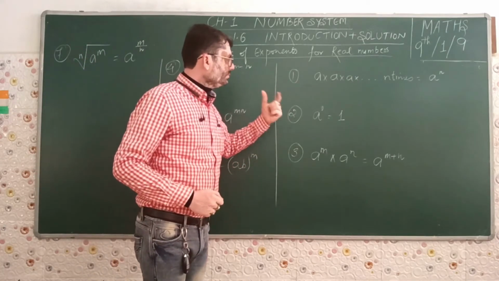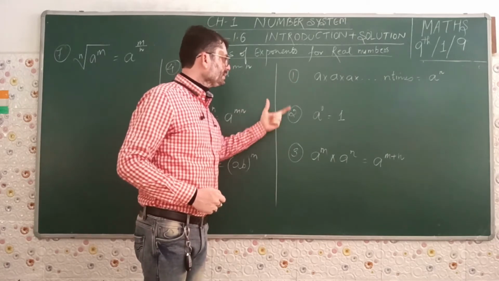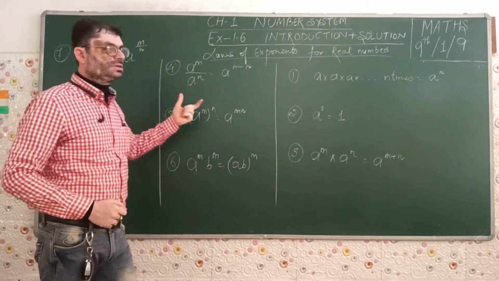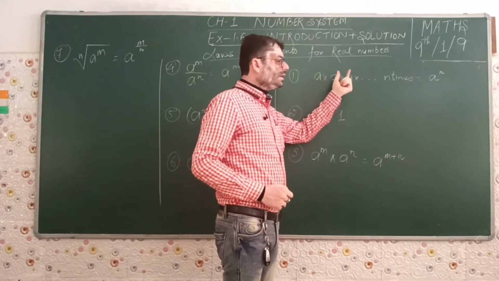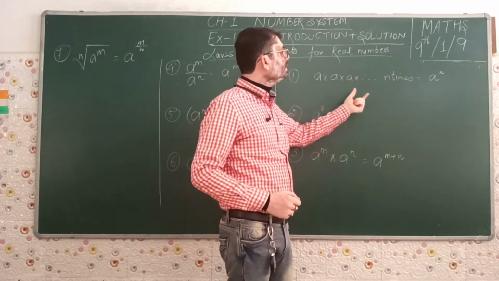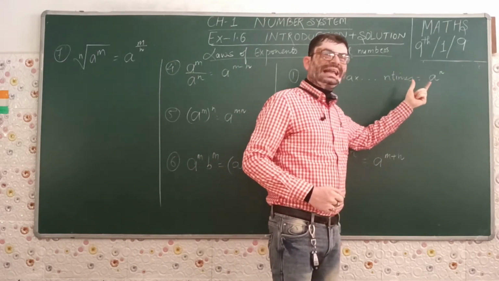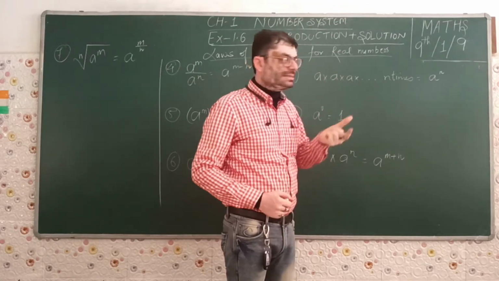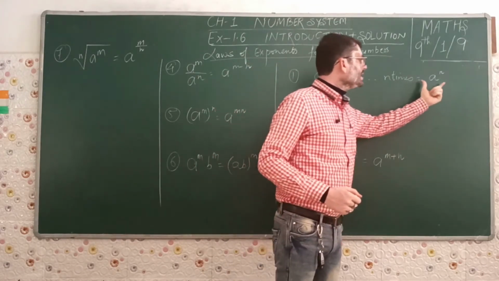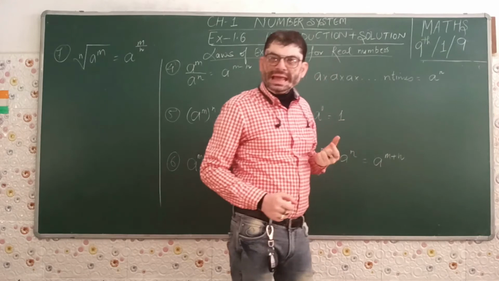The first law, let us move on with numberings are given to you with all the laws. The first law is A into A into A into A into A. If it goes on n times, that means there are n number of A's, then that can be expressed as A to the power n.